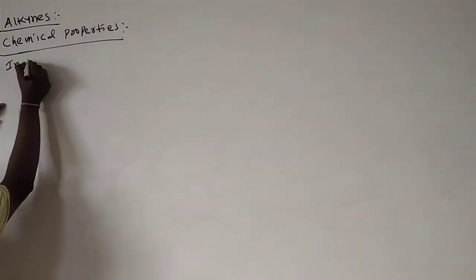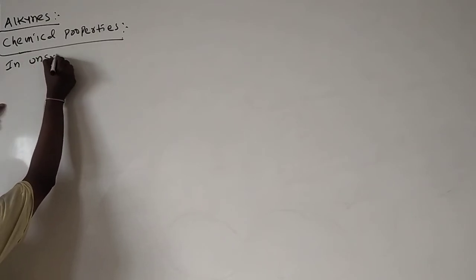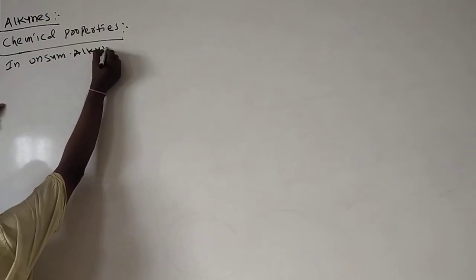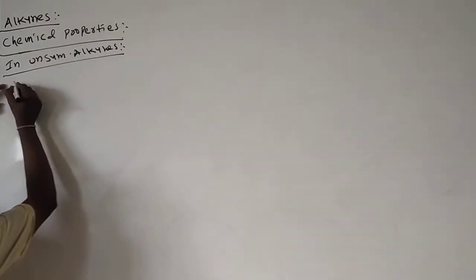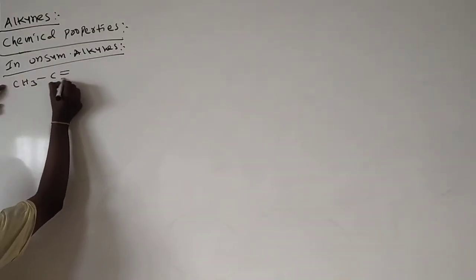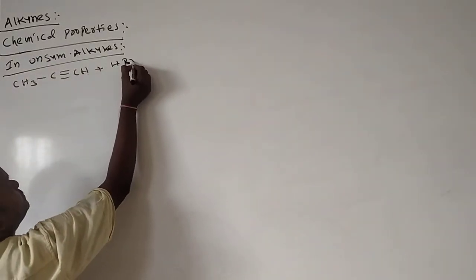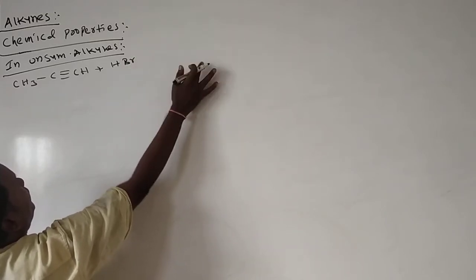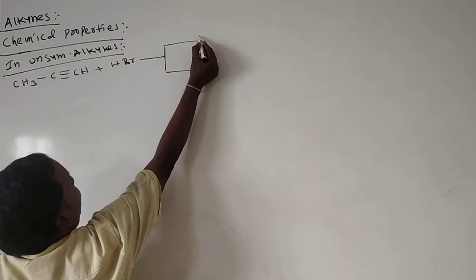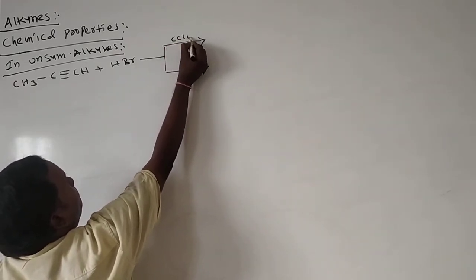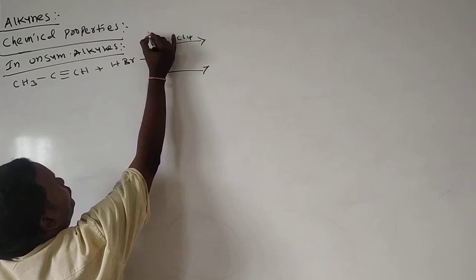Here I am taking one simple unsymmetrical alkyne, propyne. Here I have HBr. In the presence of carbon tetrachloride, it follows the Markovnikov rule.